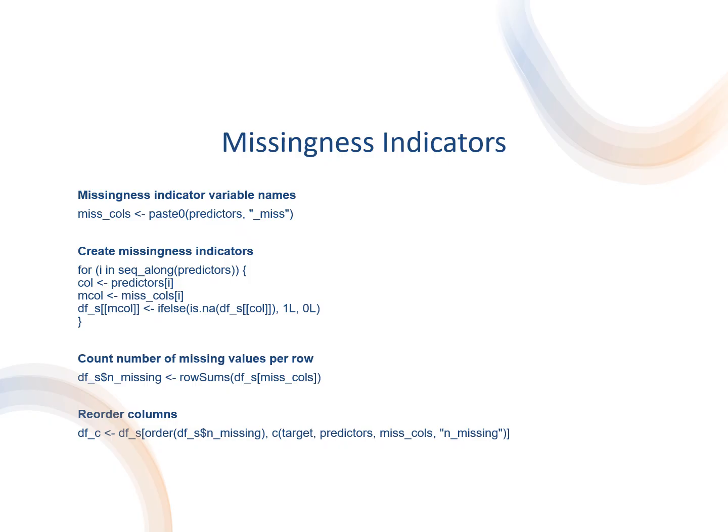I also calculated how many total values are missing per row, which helped me identify patterns such as patients who are missing a lot of information. Finally, I reordered the columns so the dataset becomes easier to read for the analysis.